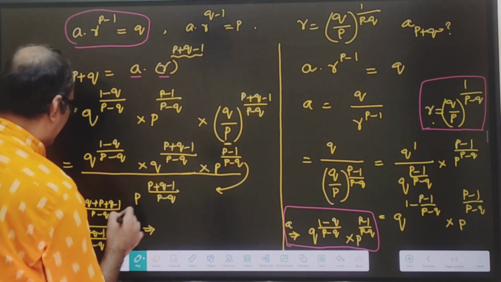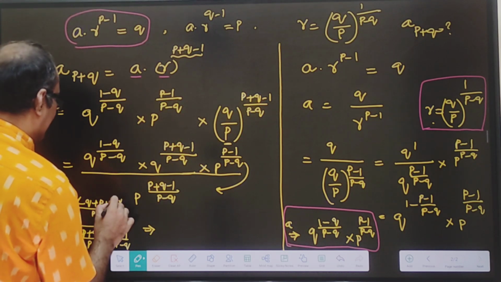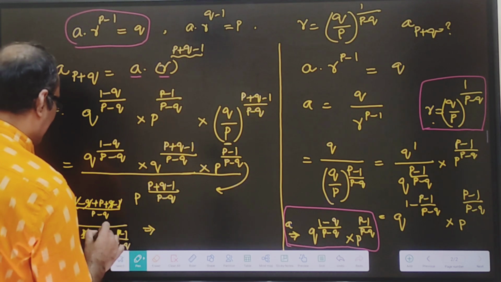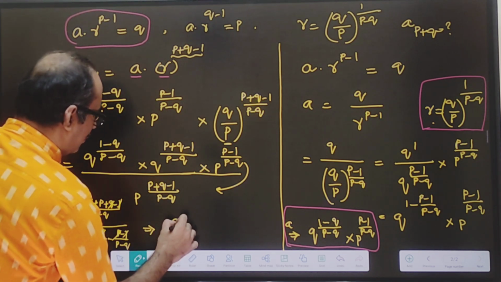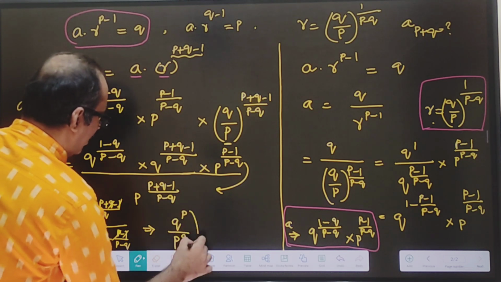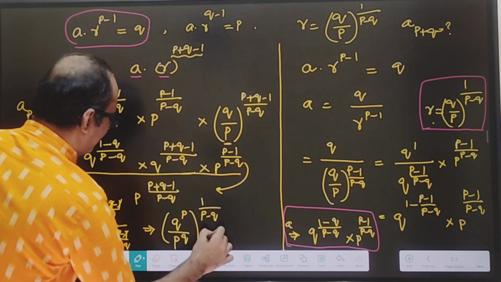Now I can cancel here: 1 and 1 will cancel, q and q will cancel. When I simplify that, p and p will cancel, 1 and 1 will cancel. So it will become (q to the power of p divided by p to the power of q) whole to the power of 1 divided by p minus q.